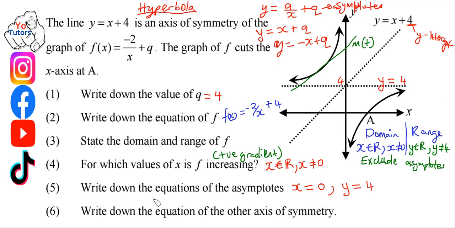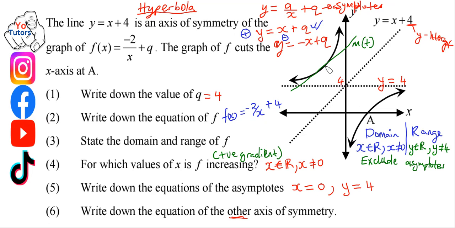Then write down the equation of the other axis of symmetry. What we see in this graph here is that we are given the positive axis of symmetry, the one with a positive gradient, but we are not given the one with a negative gradient.